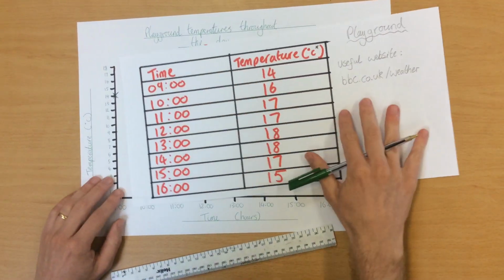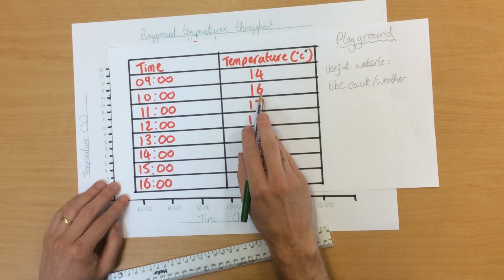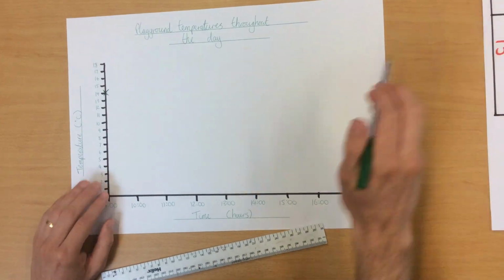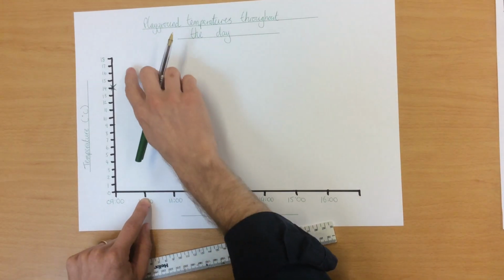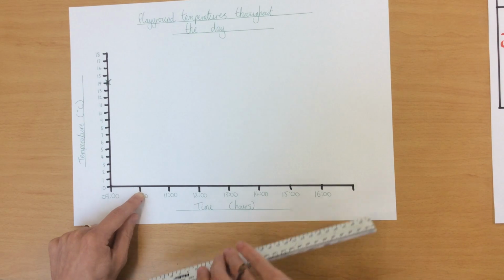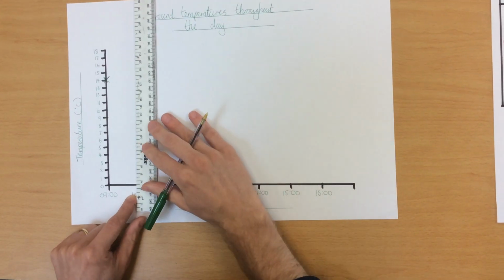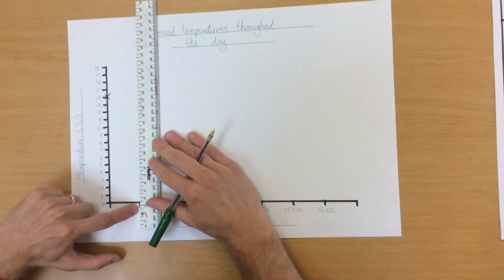Let's go back to my line graph, 10 o'clock. At 10 o'clock, it goes up to 16 degrees Celsius. Right, so go back along my x-axis to 10 o'clock, and I now need to go up to 16 degrees Celsius. Now, if you've got squared paper, this would be quite easy for you to make jumps, but I haven't got squared paper. Instead, I'm going to use my ruler to help me, okay? So I've got 10 o'clock, put my ruler on that line.